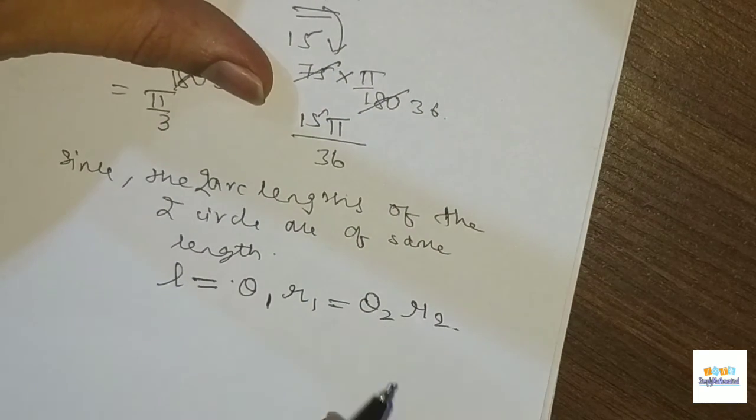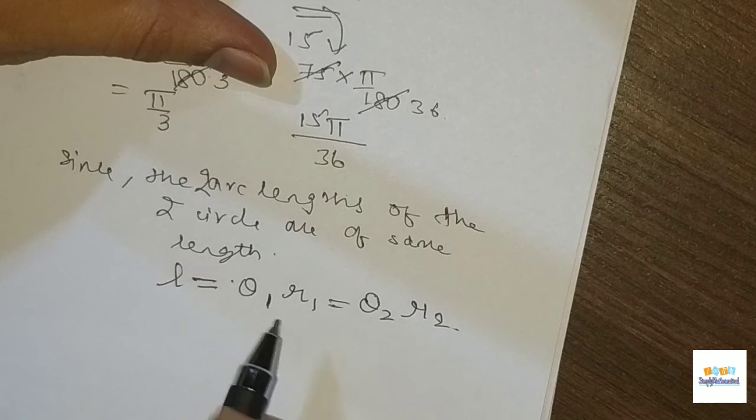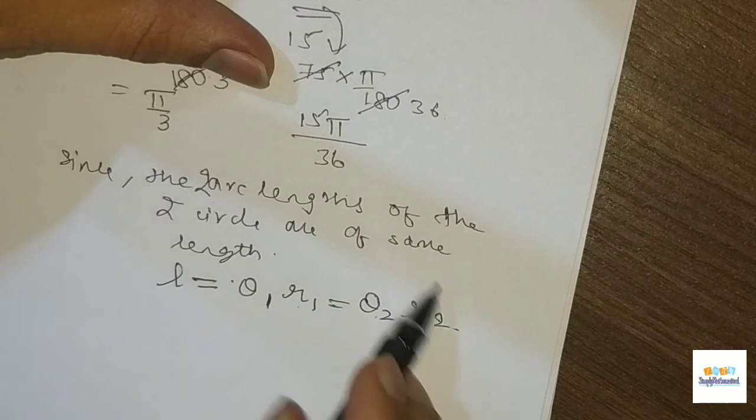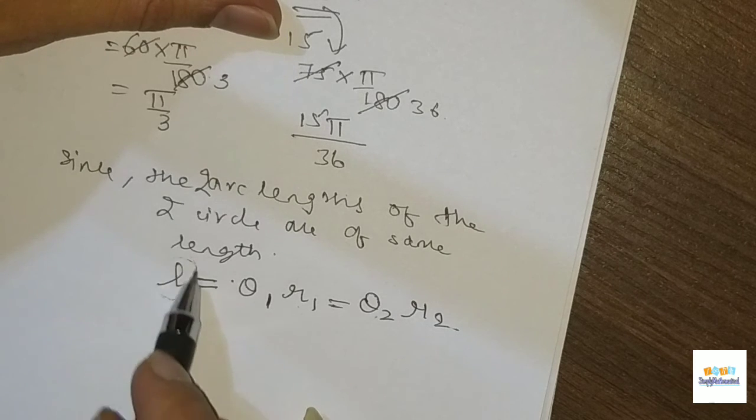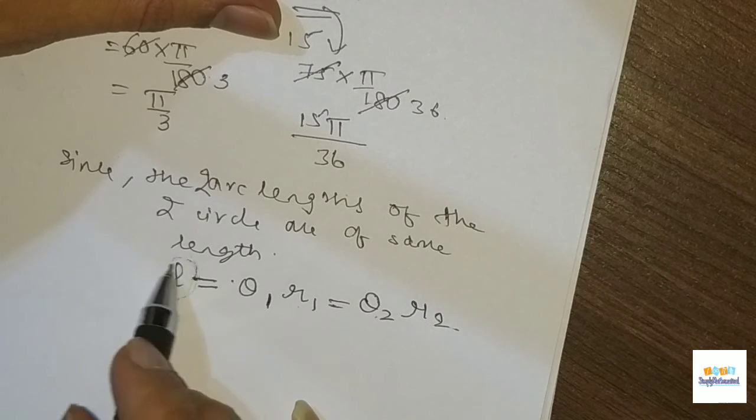This is what you will get, because there are two different thetas and two different radii, but the arc length is the same.